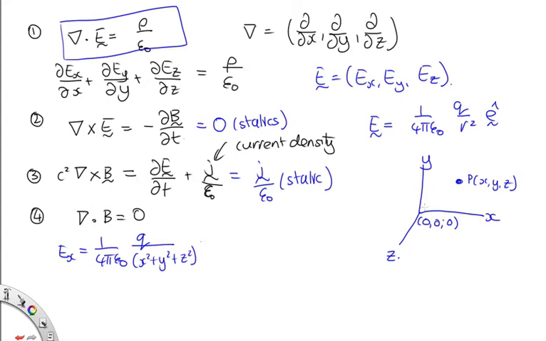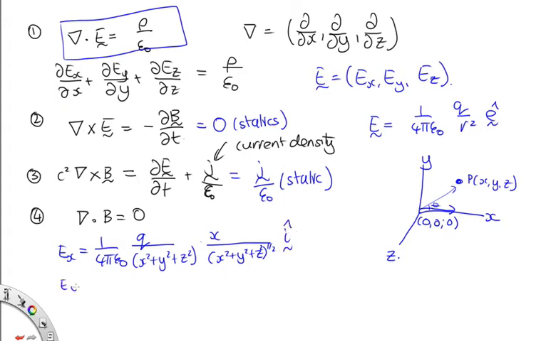And now the contribution in the x direction is equal to x over x squared plus y squared plus z squared to the 1/2. So that's just like when we take cos theta. Cos theta is adjacent, which is the x component, this thing, over the hypotenuse. So that's where this comes from, and this is in the i direction.